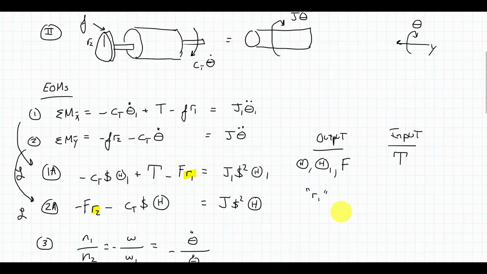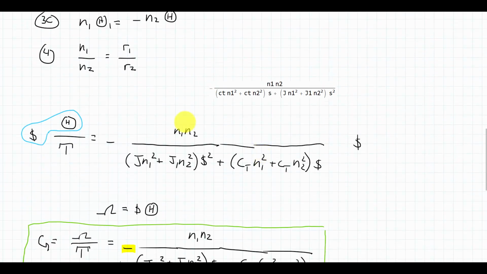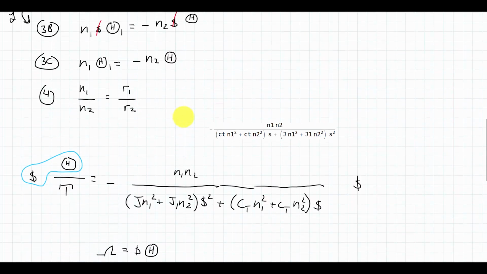Going through Mathematica, I let it do the algebra, and I came up with the transfer function that took me from the input torque to my angular displacement, or angular position of the second rotor, capital theta. Now, this wasn't where I needed to go yet, because I wanted the angular velocity as my output, not its angular position.